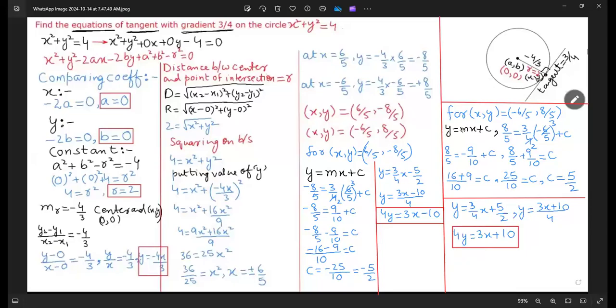This is the result. Okay, this is one equation, 4y equals to 3x minus 10, right? And this is the other equation, 4y equals to 3x plus 10. As they have asked for, find the equations of tangents. So these are the two equations of tangents which I have got.